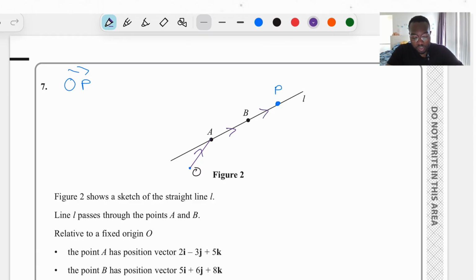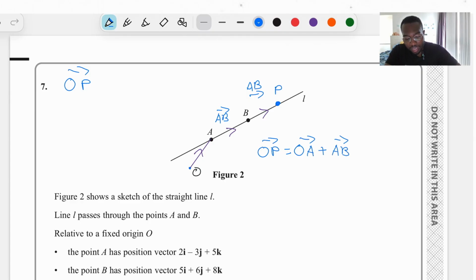But what do we know about BP? Well, this is AB here, okay? If AP is double the distance of BP, then this is also going to be an AB. So to get to OP, we need to go to OA first, plus AB, and then plus another AB.